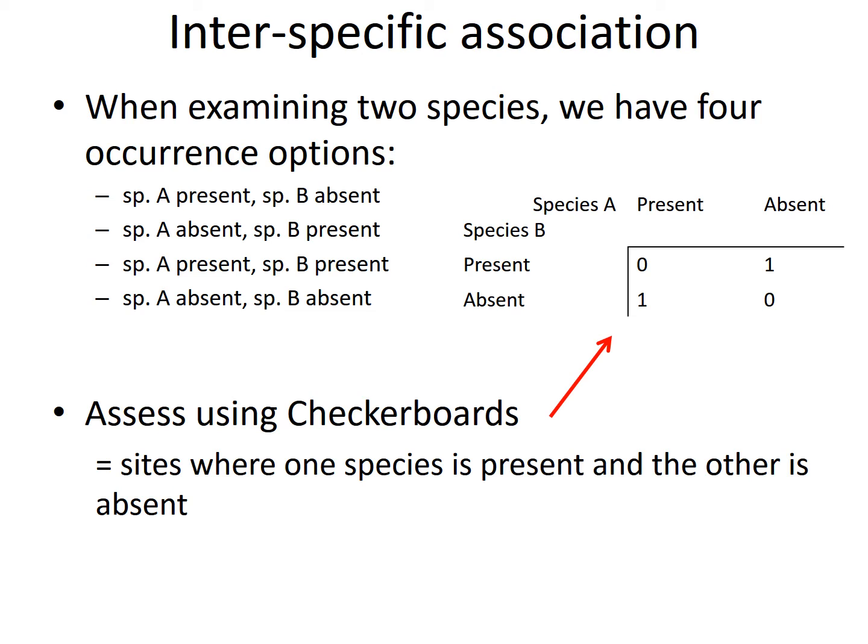So it ends up looking like a chessboard. It's worth just pointing out again that we would put a 1 here where one species is present and the other is absent. So those first two rows provide the data that matters when we want to assess interspecific association using checkerboards.